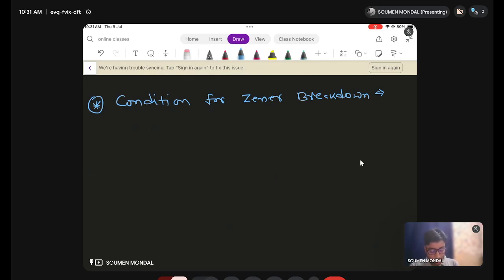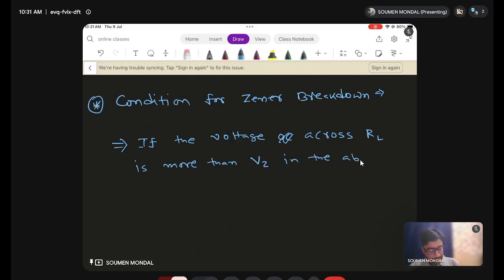So the physics-wise, let me write down the physics. If the voltage across RL is more than Vz in the absence of the Zener, then the breakdown will occur. So this is the physics.